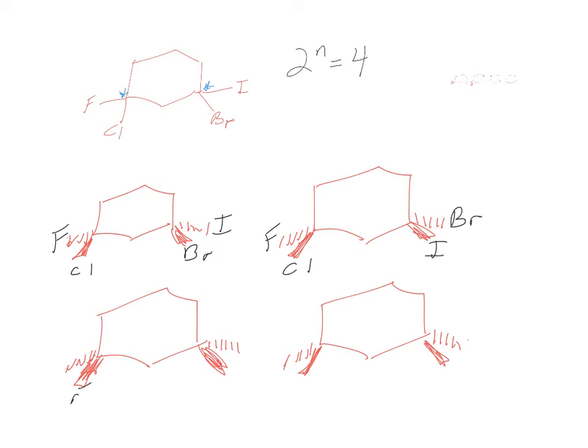Then for the other ones we can switch this one around and keep this the same. And then they're both switched. Cl, and then I need to have the iodine in front and the Br in back. Every single one of these structures should be different.